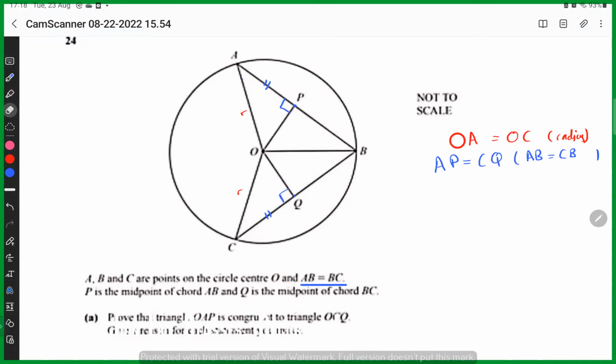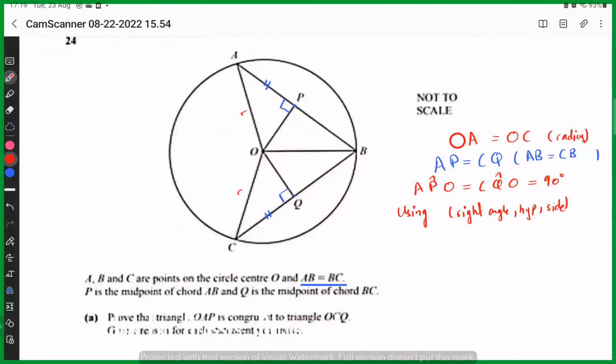But the best thing would be that if you are able to see it's a right angle triangle, let's just go with that. Angle APO is equal to angle CQO, that is 90 degrees. So using the right angle hypotenuse side test, that was test 4, we can say that the two triangles are congruent.